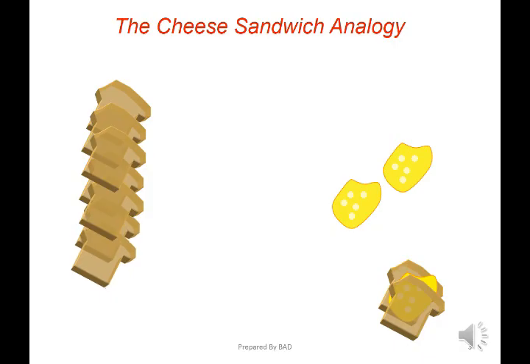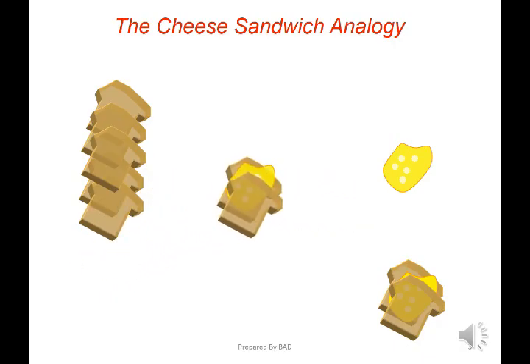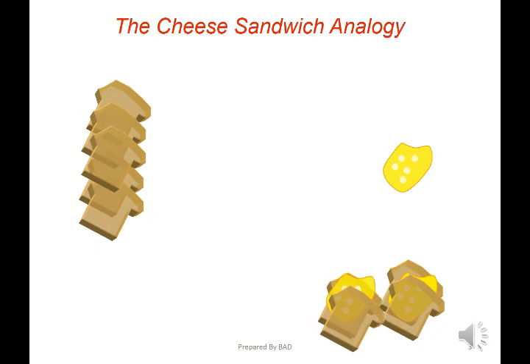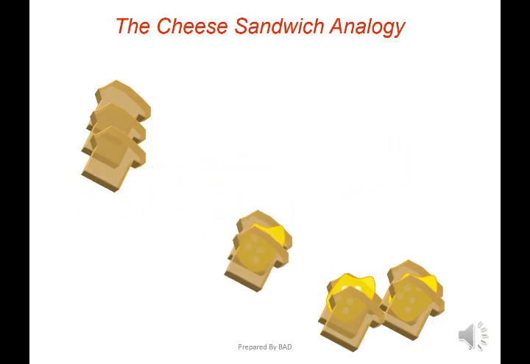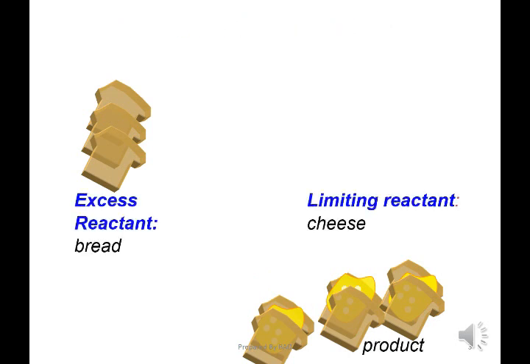Another 2 slices of bread need 1 slice of cheese to produce the second cheese sandwich. Next, 2 slices of bread need 1 slice of cheese to produce the third cheese sandwich.